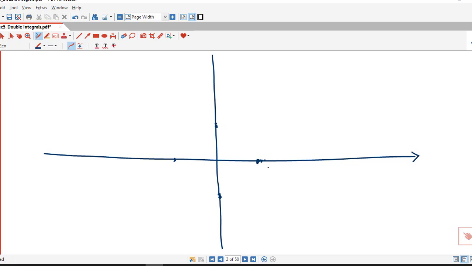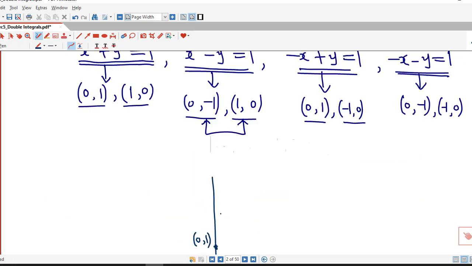If we consider this distance 1, then this point is nothing but (1, 0), and this point is (-1, 0). Similarly, this point is the ordered pair (0, 1), and this is the ordered pair (0, -1).